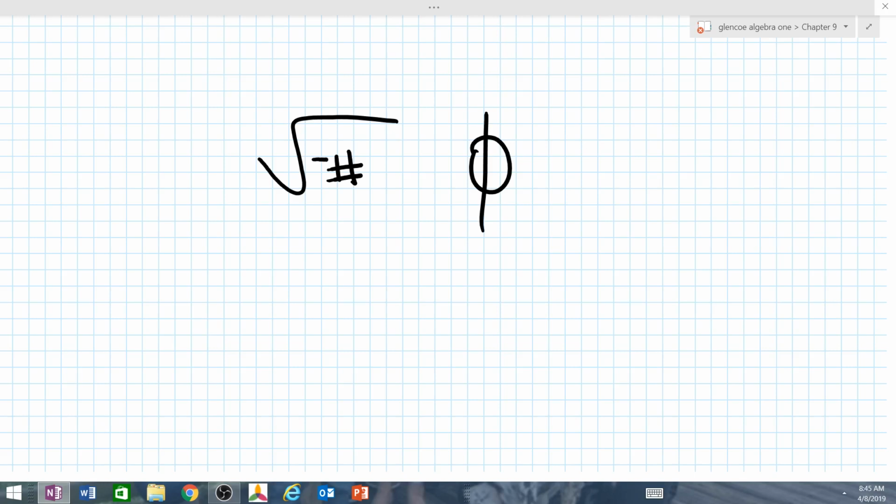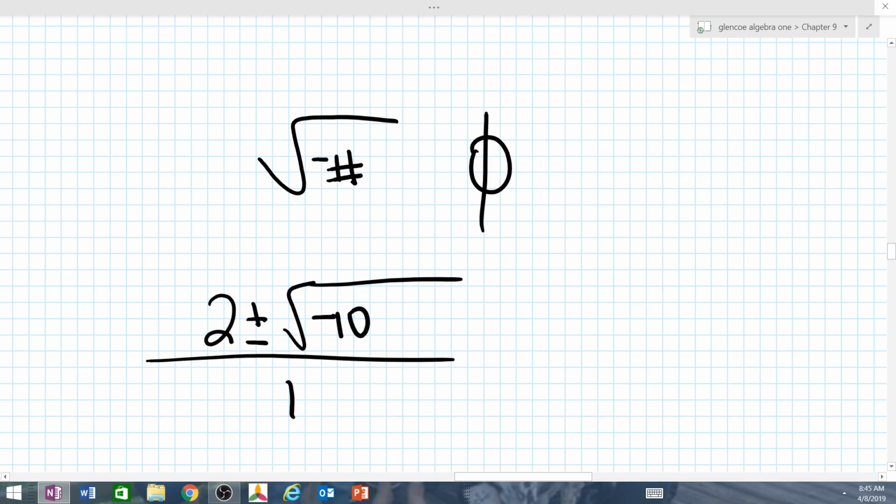So let's say you get all the way down to 2 plus or minus the square root of negative 10 over 1. Your answer is what, guys? No solution. That means that graph is not going to intercept, touch, kiss, come near the x-axis.